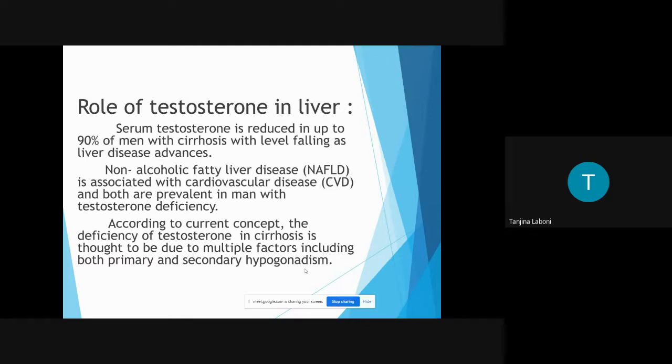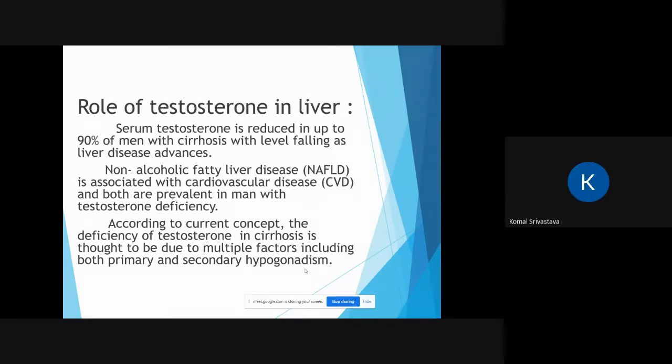Non-alcoholic fatty liver disease is associated with low testosterone. According to current concept, the deficiency of testosterone in cirrhosis is due to multiple actions, including both primary and secondary hypogonadism.